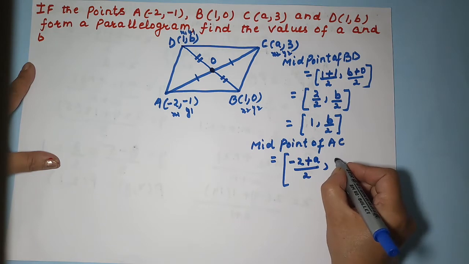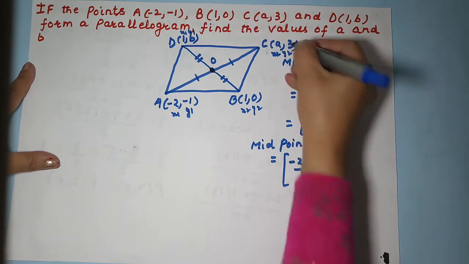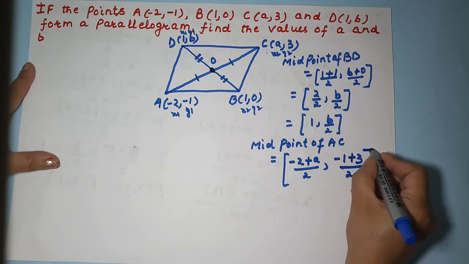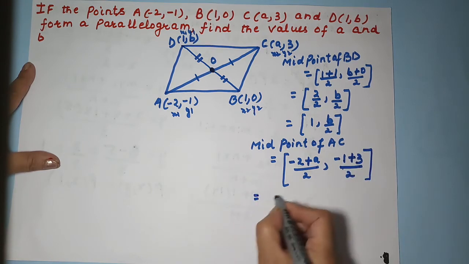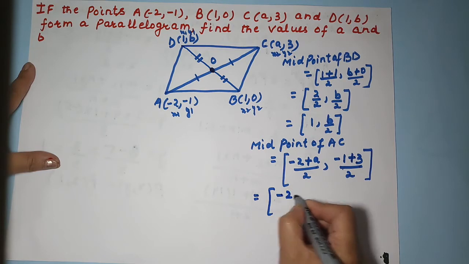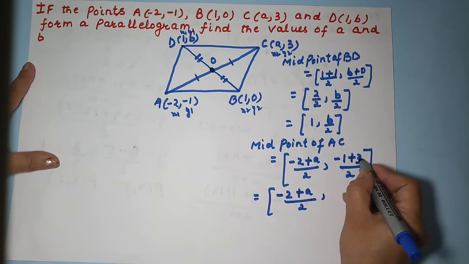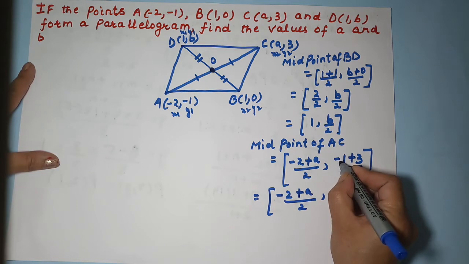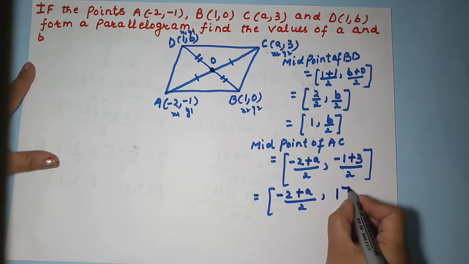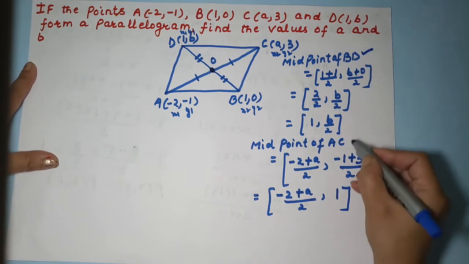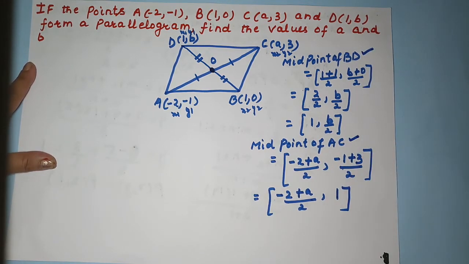What is y1? Minus 1. What is y2? Plus 3, divided by 2. So this becomes (-2 plus a) upon 2, and this becomes 3 minus 1 is 2, and 2 by 2 is 1. So we have calculated the midpoint of BD and the midpoint of AC.